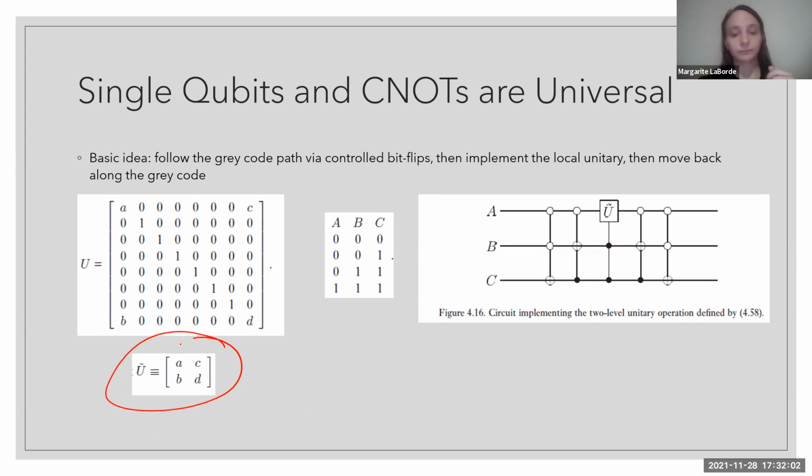And the only affected states are 0, 0, 0, and 1, 1, 1. So this is a simple example that they give us. And if you're wondering how they got the affected states, that's literally reading off the columns with the non-trivial entries in binary.